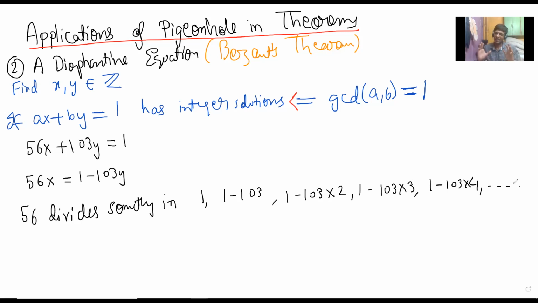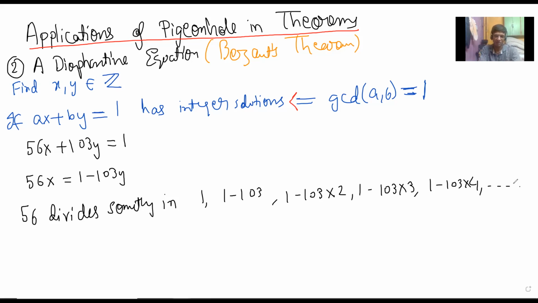Do you guys agree this is a pigeonhole type reformulation? We are changing the y and we want to show that 56 will divide one thing in this list. Does it look more familiar to a pigeonhole type setting? Everybody's on board?